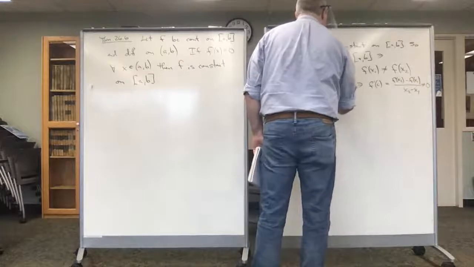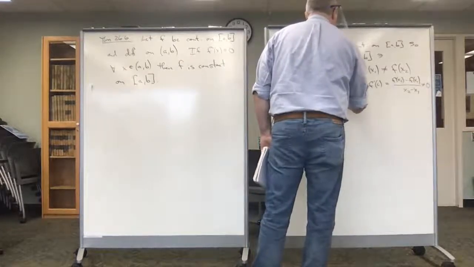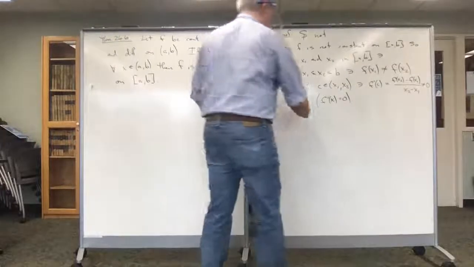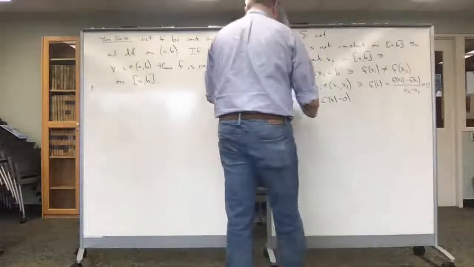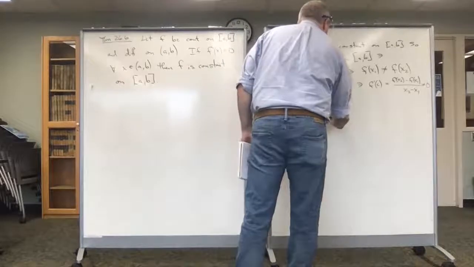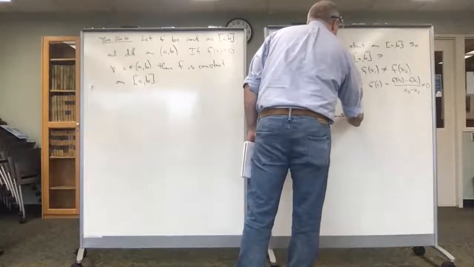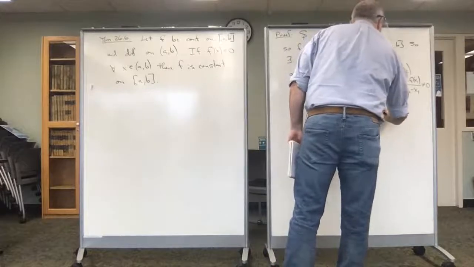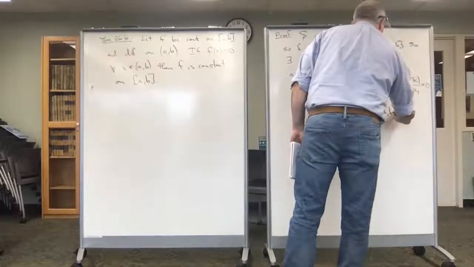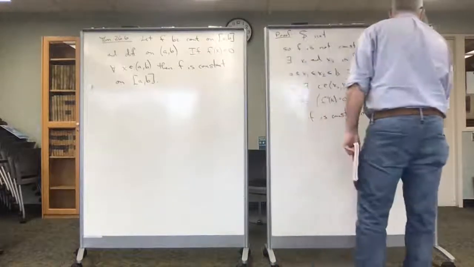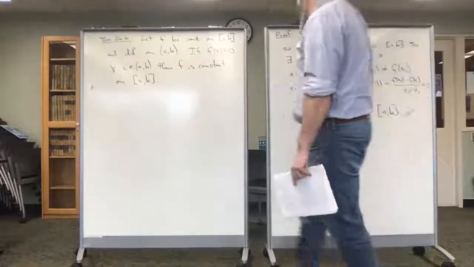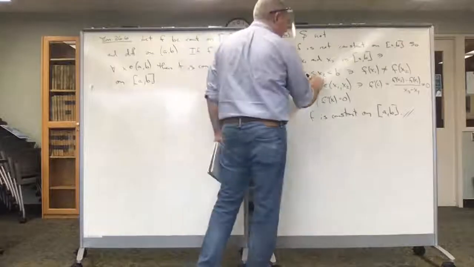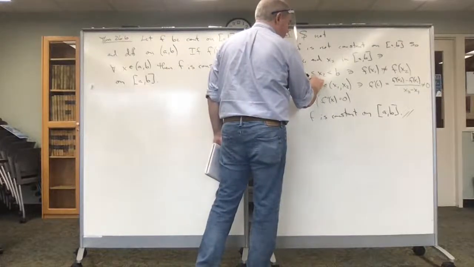We know that f prime of x is zero, and so therefore, I can say that f is constant on the closed interval from a to b. We're done. I think I wrote one thing wrong. Yep, that's not equal to.